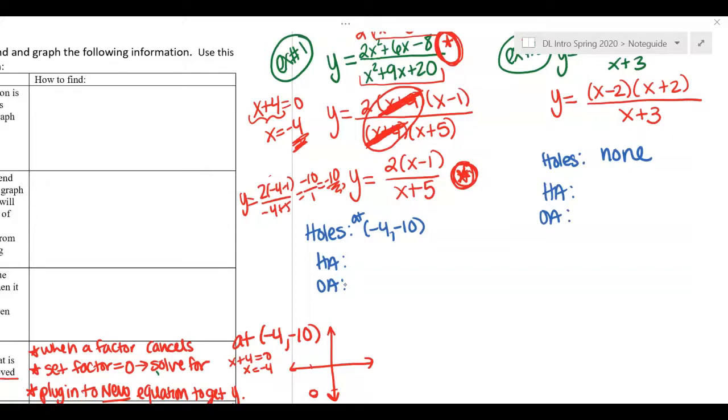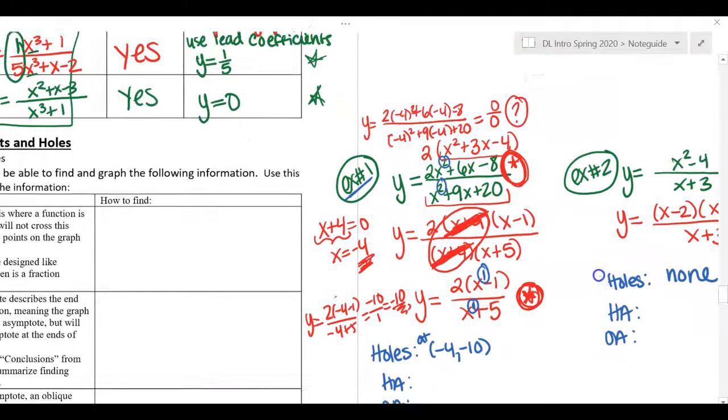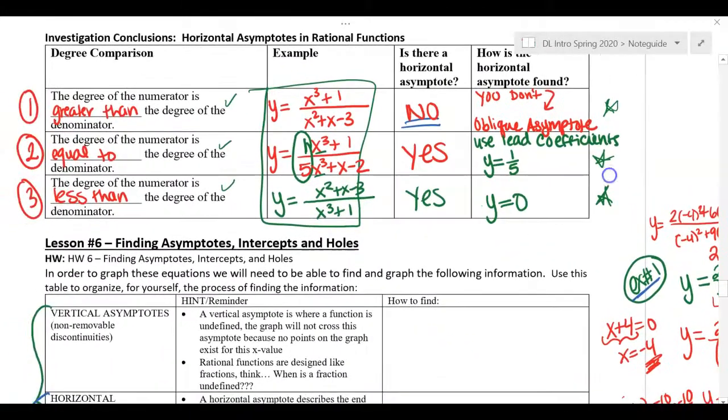For the first example, example 1, notice the degree in the numerator, and you can see it at the beginning or in the simplified version, is the same. Okay, so go to your conclusions from before. When they have equal degree in numerator and denominator, then they do have a horizontal asymptote. It's at y equals a number, and this number is found by using these lead coefficients.